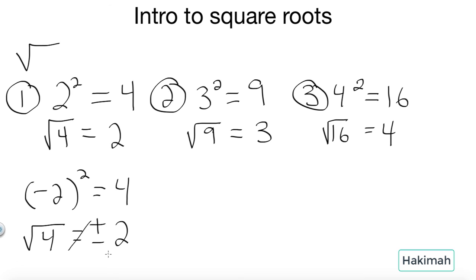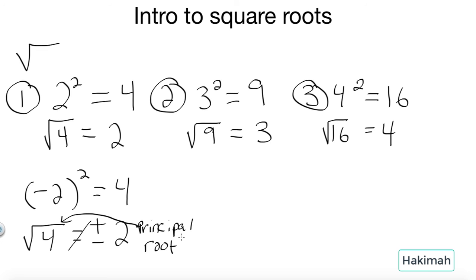It is not equal to negative 2 because this here is the principal root. This is the principal root, which means it is only the positive answer. So the square root of 4 is only positive 2.